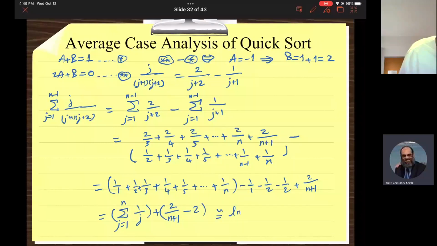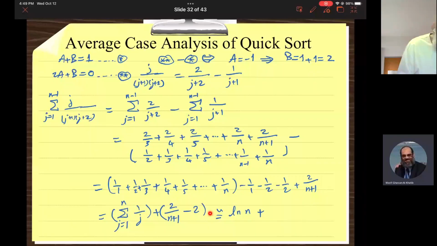ln n plus... Now, what is the value of 2 over n plus 1 minus 2? Well, when n is equal to 1, this is minus 1, right? When n is equal to 2, this is 2/3 minus 2, so it's a little bit more than minus 1. Until when n goes to infinity, 2 over infinity is 0, 0 minus 2, this is basically minus 2.